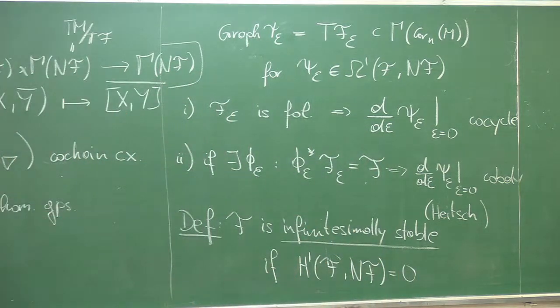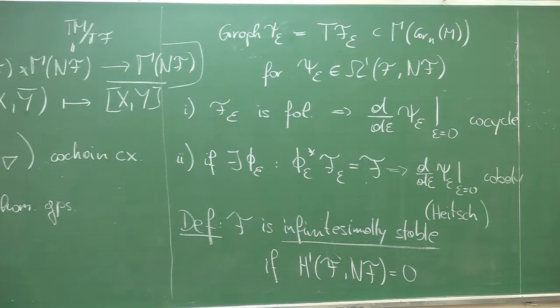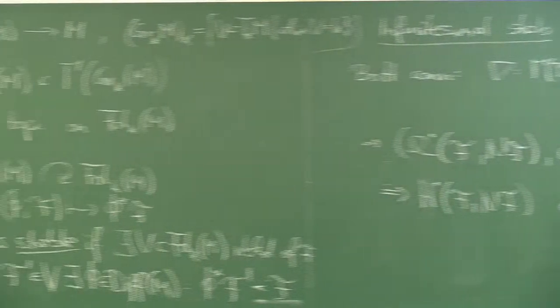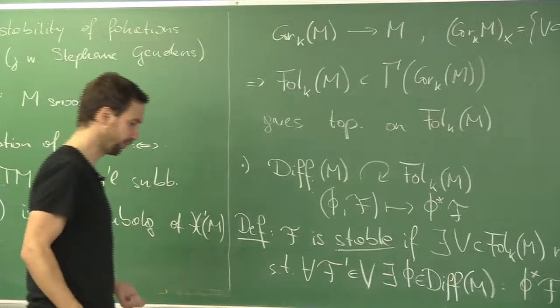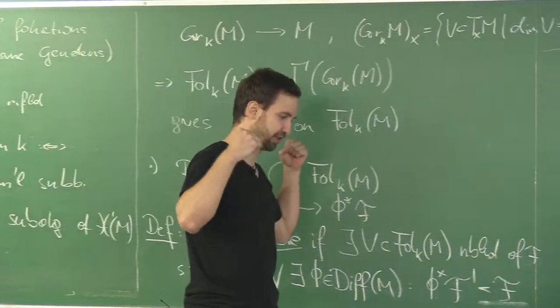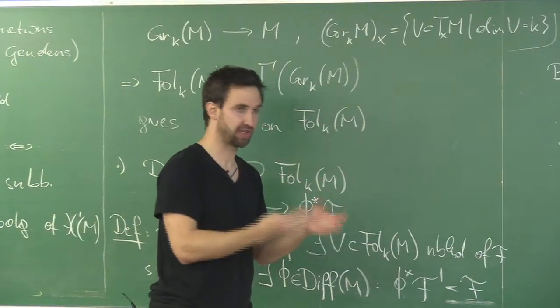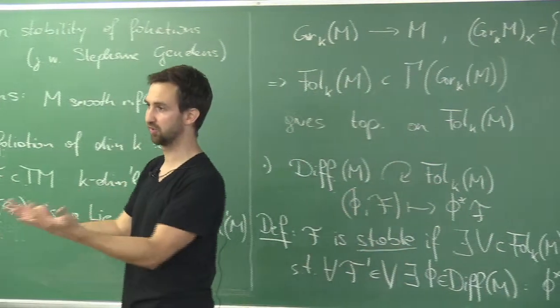The goal for everything we are doing here is to prove results along the lines of: given that we have a foliation which is infinitesimally stable, can we show it is stable?